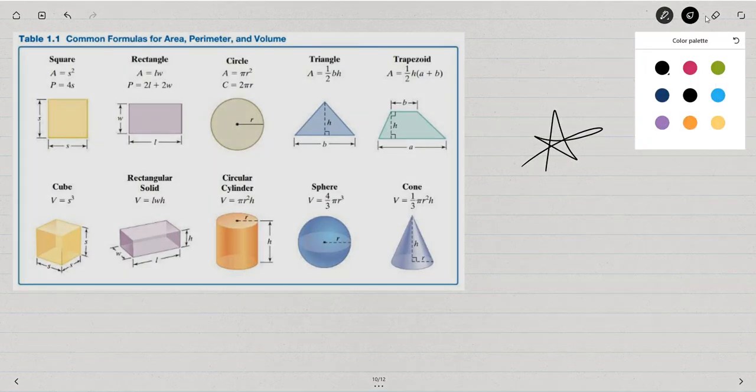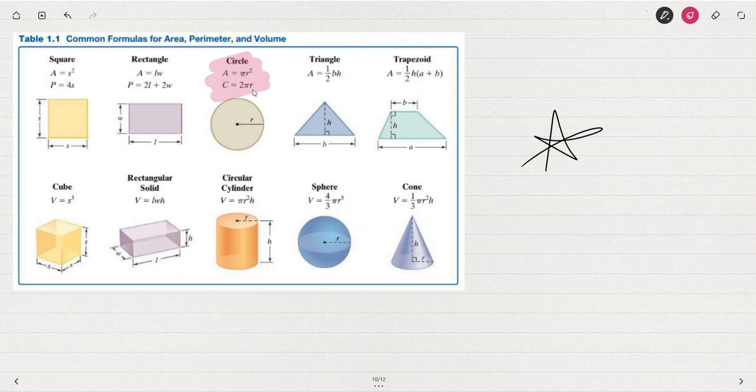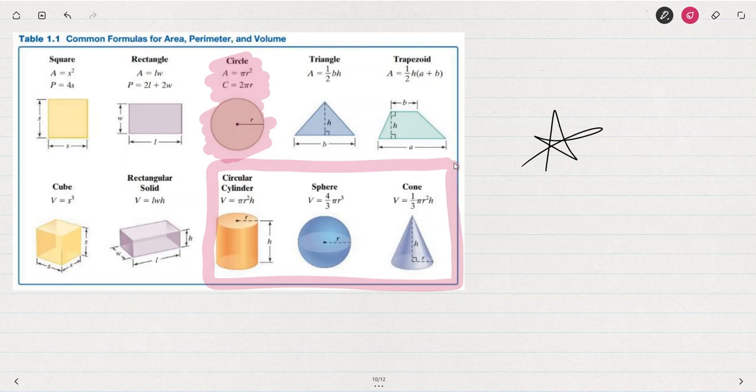Make sure you're really familiar with a circle. That's a common one that we use. Even if you want to calculate which pizza is the best price at Domino's or Little Caesars or Papa John's or wherever, you need to know that one. And then I'd also highlight these last three simply because these are three that very few people just know from memory.